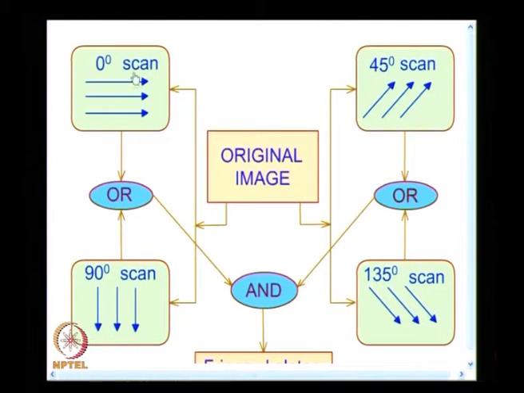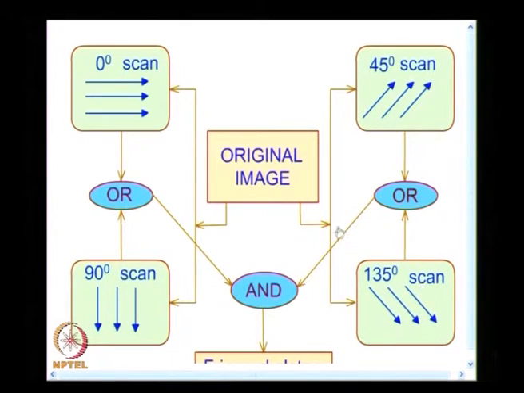We have looked at fringes which are vertical. This scan alone can provide you the complete skeleton when the fringes are vertical. On the other hand, when I have fringes which are horizontal, the 90-degree scan alone can provide you the fringe skeleton. But in a generic image, what we found was I need a 0-degree scan, a 90-degree scan, a 45-degree scan as well as a 135-degree scan.